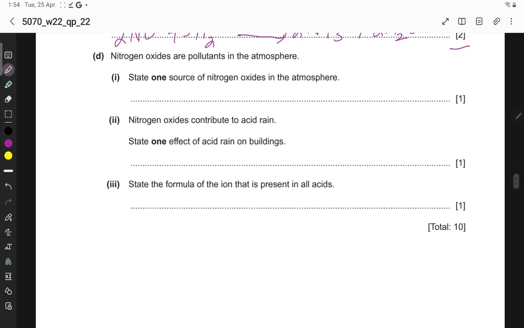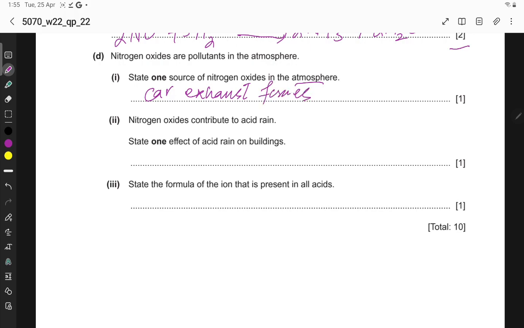Nitrogen oxides are pollutants in the atmosphere. State one source of nitrogen oxide in the atmosphere. This is lightning and thunderstorm, or exhaust fumes.